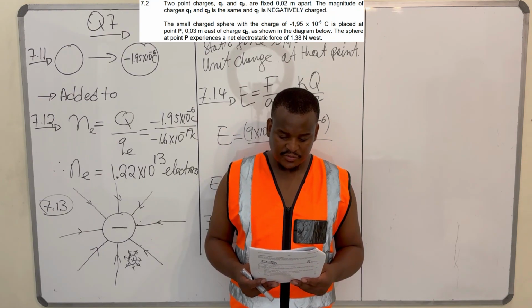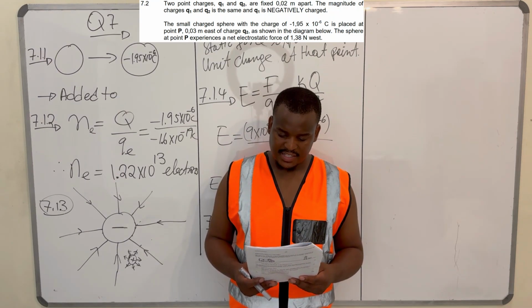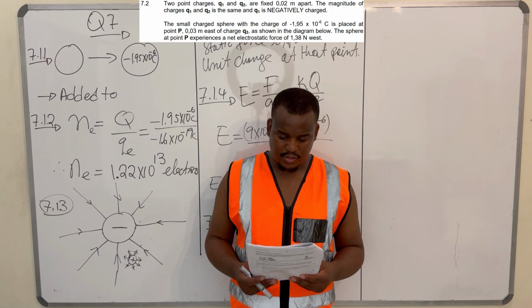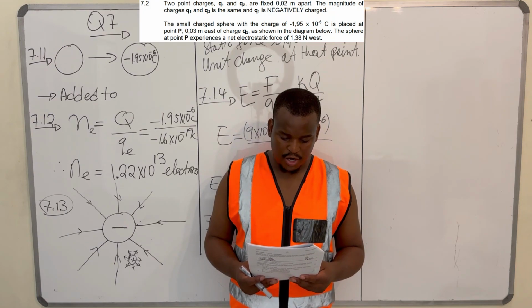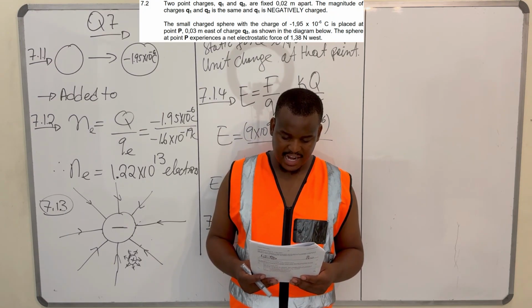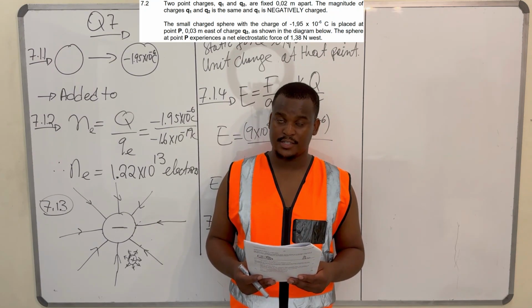The small charged sphere with a charge of minus 1.95 times 10 to the minus 6 coulomb is placed at point P, which is 0.03 meters east of charge Q2, as shown in the diagram below. The sphere at point P experiences the net electrostatic force of 1.38 newtons west.